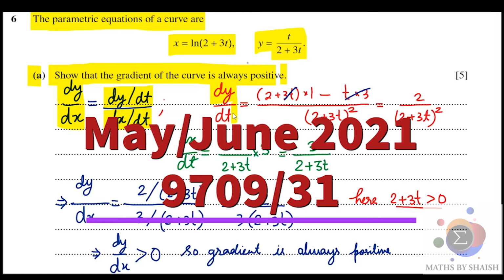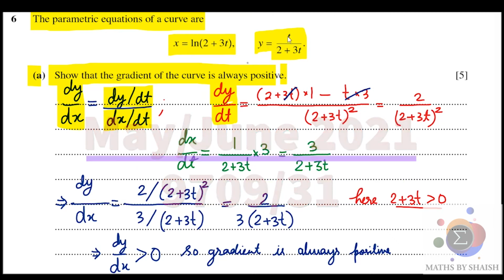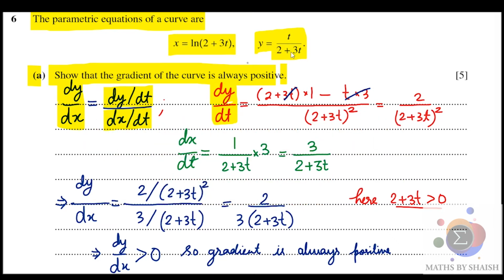So for dy over dx, here it is u upon v, a quotient, so we are going to use the quotient rule for differentiation: denominator times differentiation of numerator, minus numerator as it is times differentiation of denominator, that is 2 plus 3t, and that would be 3, all over denominator squared.